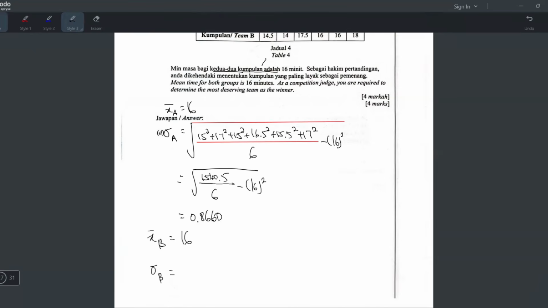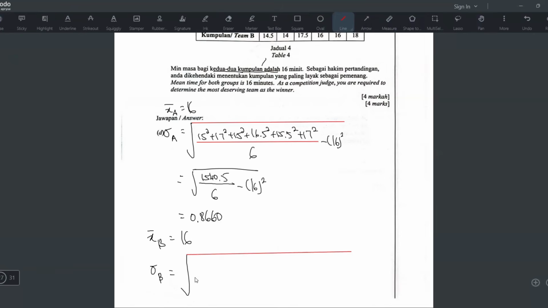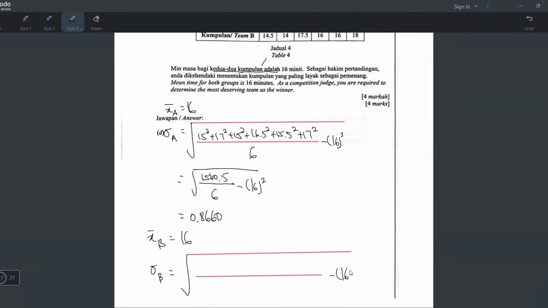For the standard deviation of B, we use the same method: draw a long square root line and minus mean square. So 14.5 square plus 14 square plus 17.5 square plus 16 square plus 16 square plus 18 square, divided by n, which is also 6.